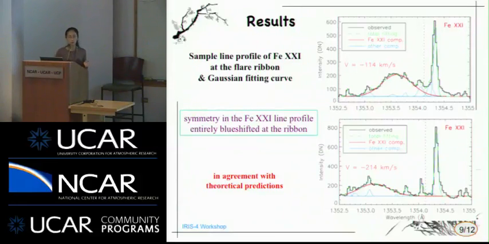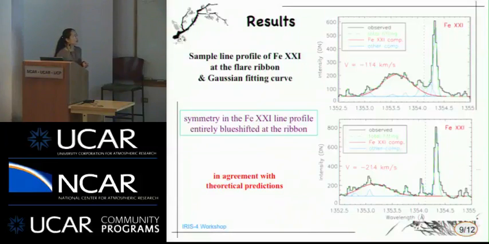Black lines are the observed profiles and colored lines are the multiple Gaussian fitting, used to separate the iron-21 from the other blended cool and narrow lines. The red curves here are for the iron-21, and the vertical line denotes its reference wavelength. Here we also give the measured Doppler blue shift velocity.